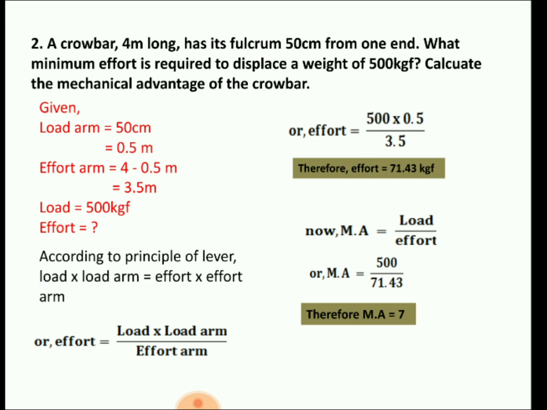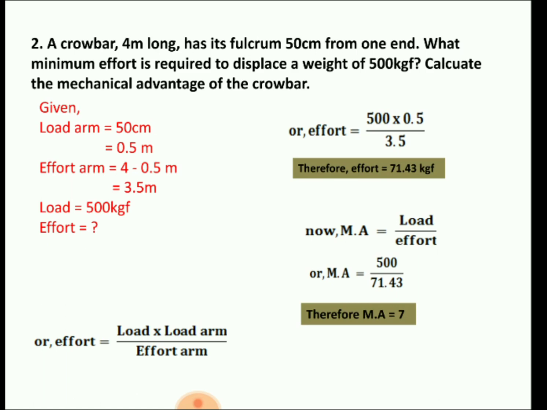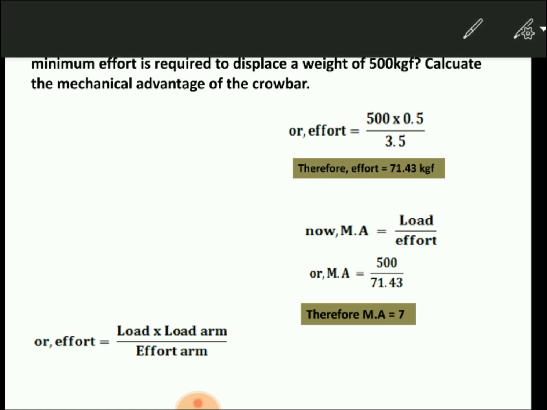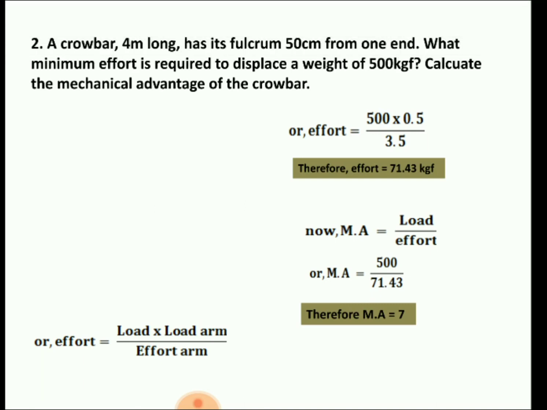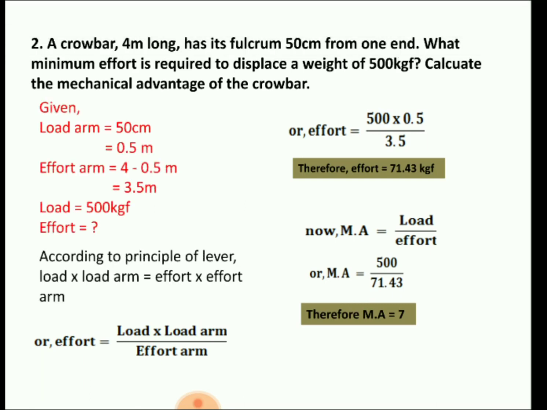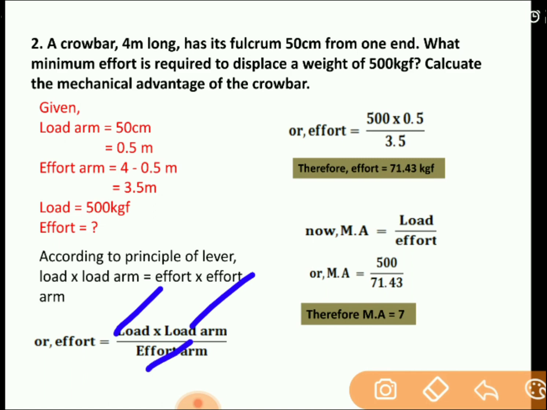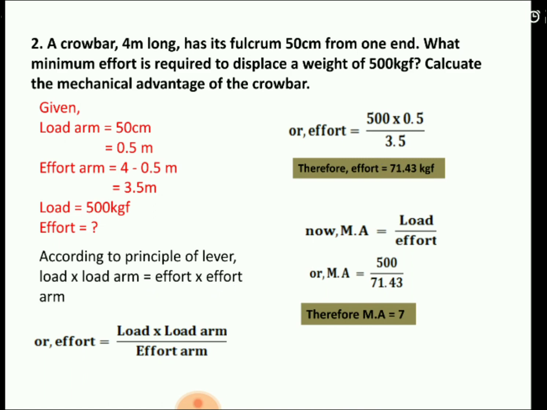I don't have to explain the cross multiplication. Let's put the values now. Load is 500, load arm is 0.5, effort arm is 3.5. Solving all this, we get effort equals 71.43 kilogram force.